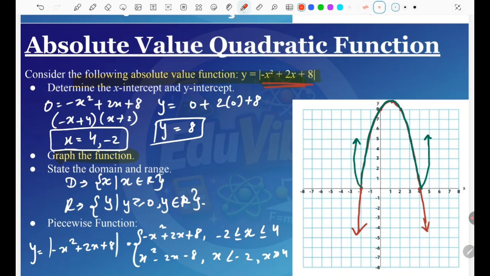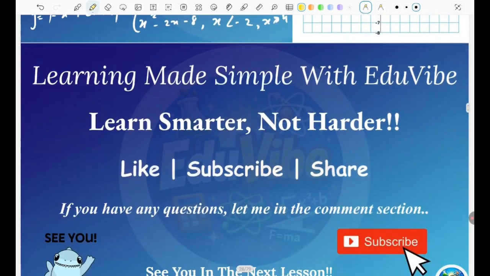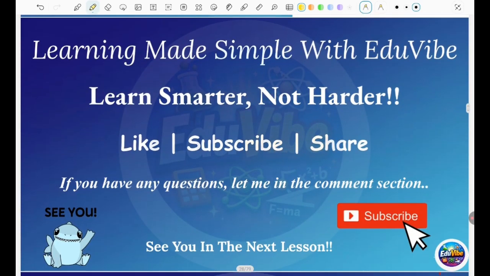That's why we take the piecewise function like that, and make sure these conditions are mentioned in your piecewise function. These are the pieces of the function. That's how you can do your piecewise function. It's very easy. First you take the original function and you take the minus of that, and see where the graph is doing the original function of the absolute value. That's all you have to do with absolute values and their functions.